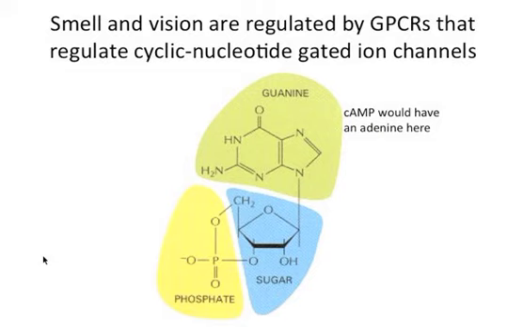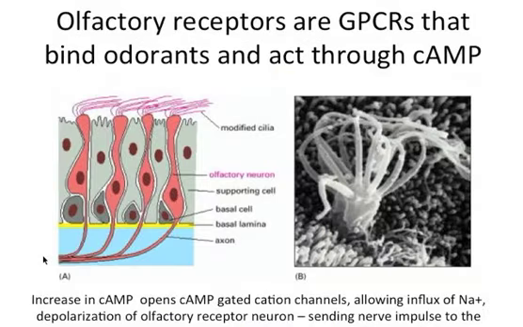So this is GMP, right? Guanine. Cyclic AMP would have an adenine right there. So when I say cyclic nucleotide, it's accounting for both cyclic AMP and cyclic GMP or other kinds of nucleotides.